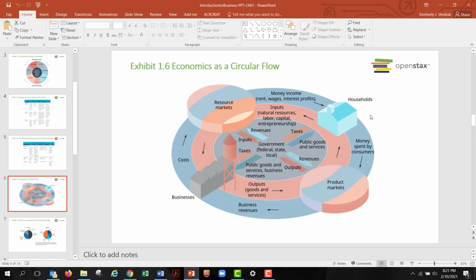And then we see all of these inputs, and then all of these outputs, which are the goods and services. And in the center, we also see government that plays a role, federal, state, and local governments. So the takeaway from this is really how all of it works together. A lot goes into economics.